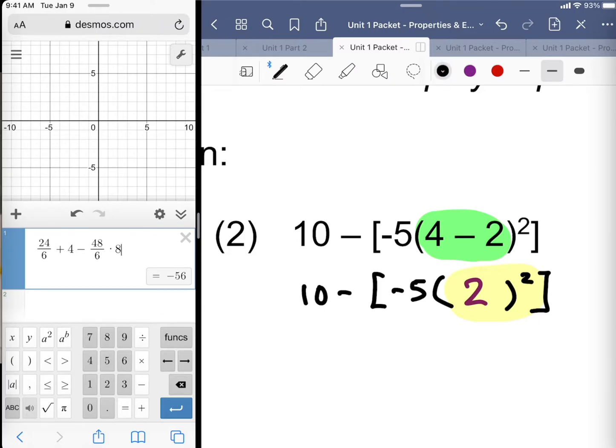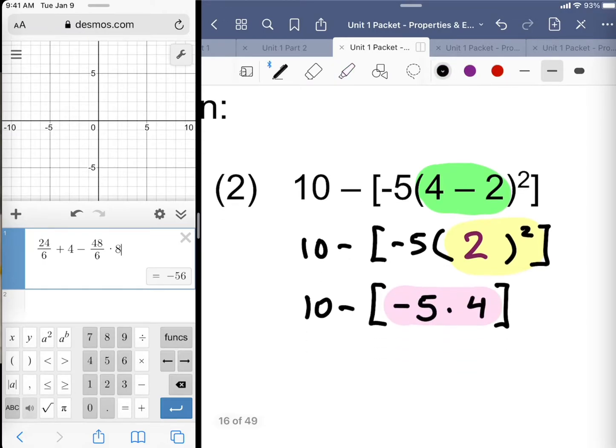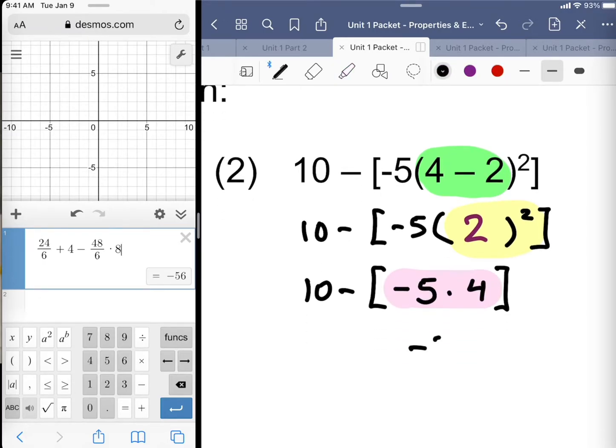So 10 minus square bracket, negative 5 times 2 squared, which is really negative 5 times 4. We're still living in the square brackets, so we tackle the negative 5 times 4, which is negative 20.